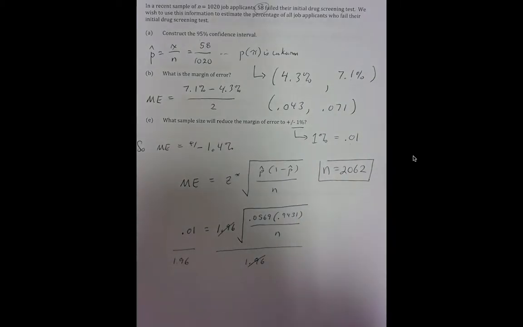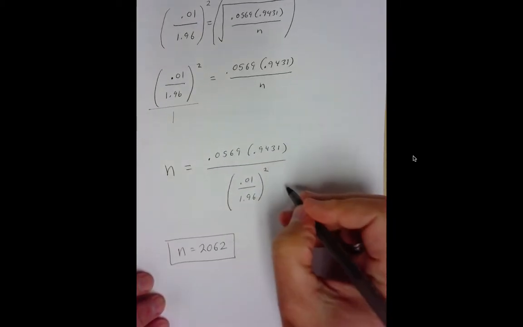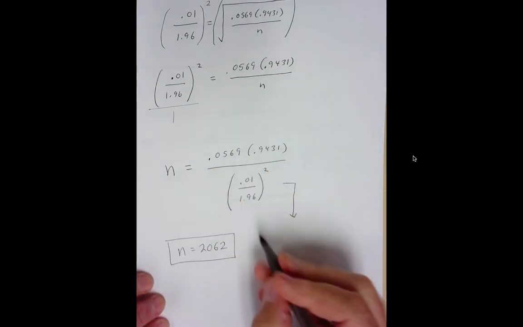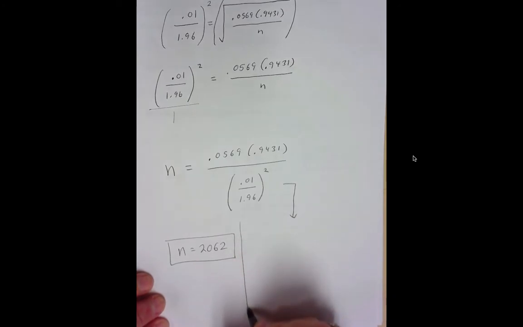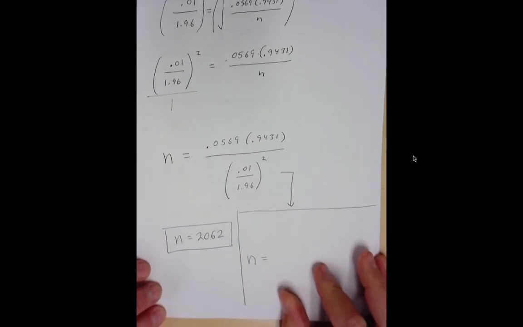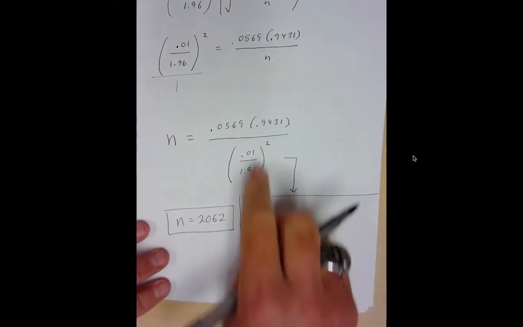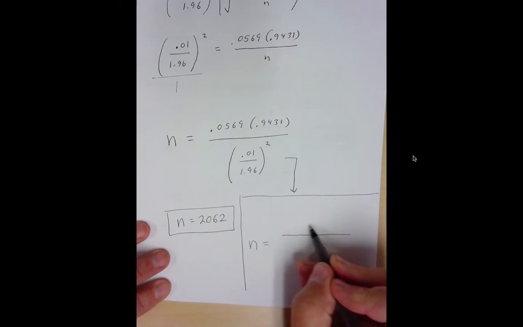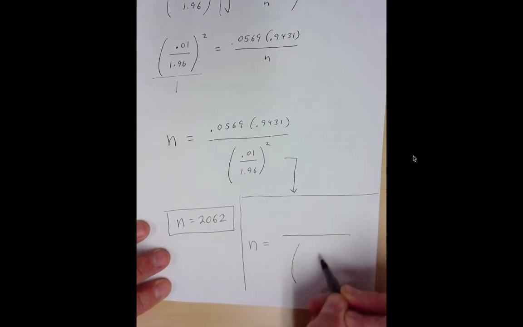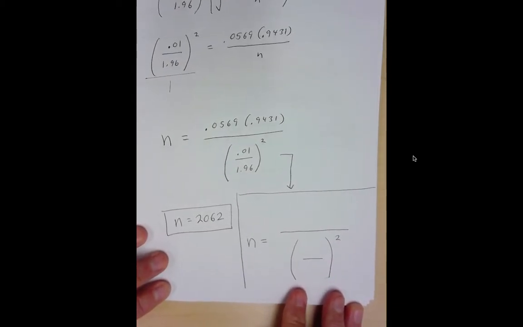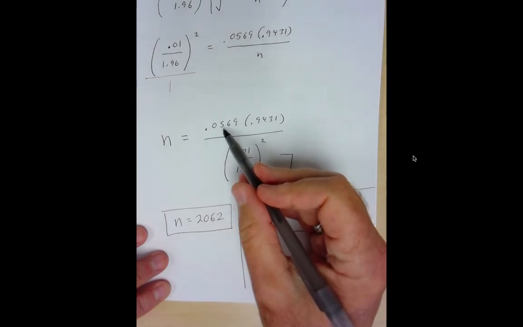Now, why did I do all this work here? Why didn't I just multiply this stuff out and get my answer little by little? Well, guys, because I wanted to create a formula. So when I run into future problems like this, let's think about the form of this answer. I essentially have something times something, right? Well, in this problem, what role did the 0.0569 play?